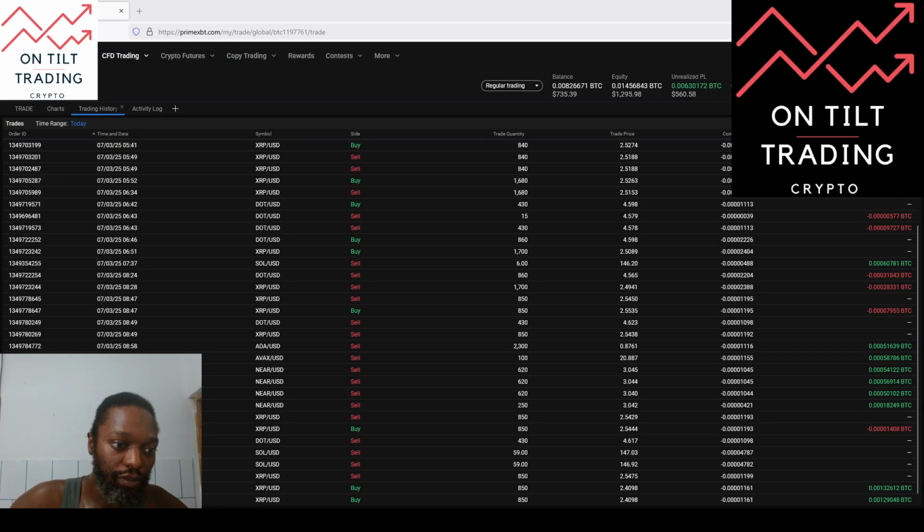We have Ripple down here, and we can see this is the profit taking. This is $132, and this is $129. So 132 plus 129 equals 261, minus 124 leaves a $137 profit.